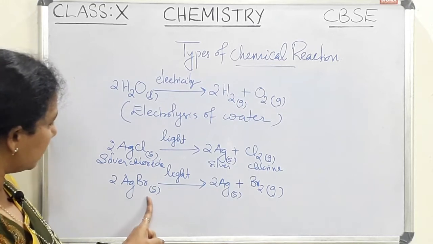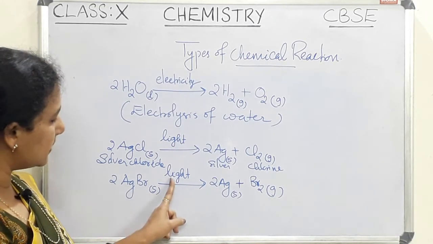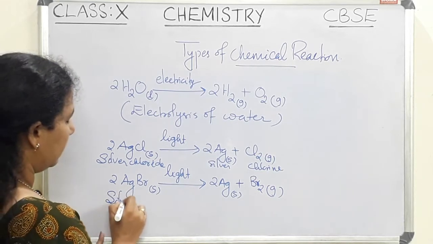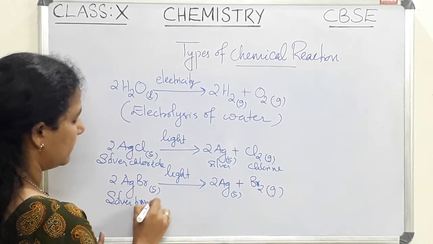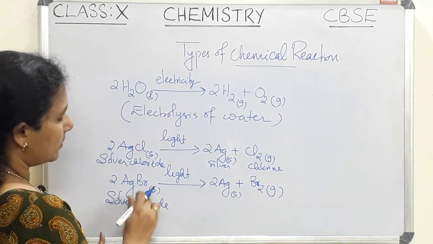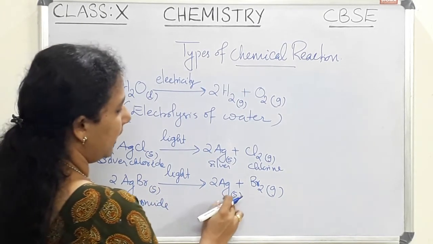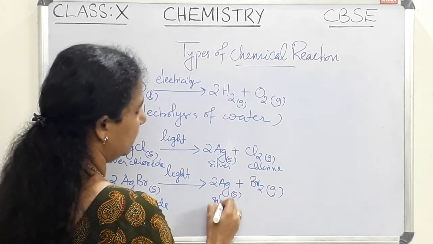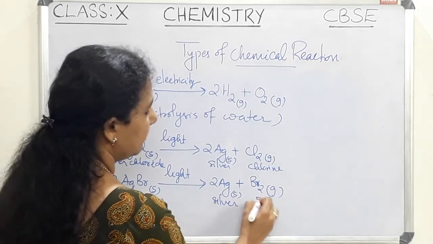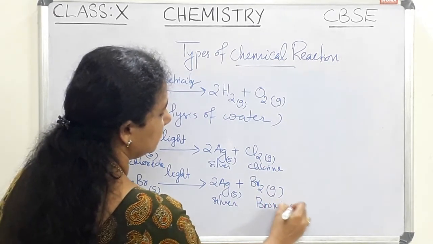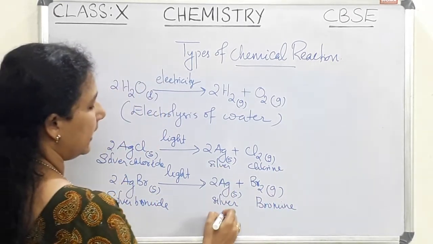In the next case also we can see light energy is used, where silver bromide, which is also a solid, is converted to silver and bromine. Chlorine and bromine are gases, and silver is grey in color.